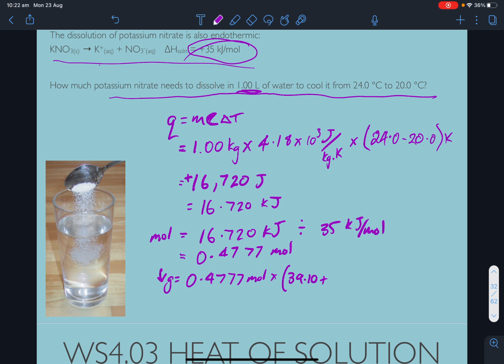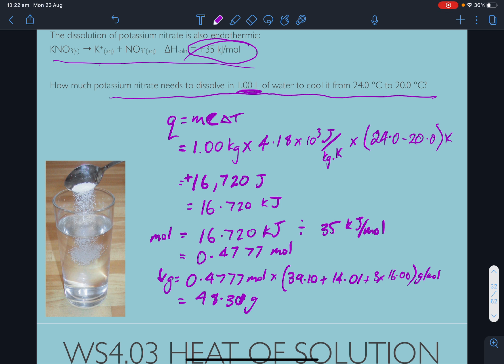We need 1 potassium, 1 nitrogen, which is 14.01, and 3 oxygens at 16.00 grams per mole. In my calculator, 39.1 plus 14.01 plus 3 times 16 in brackets, and I get 48.301 grams.